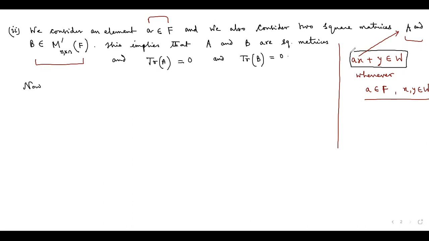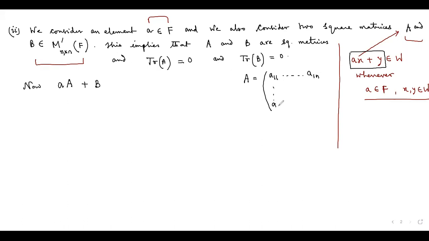Now we shall try to form this element. Now, a x plus y. My x is capital A. My y is capital B. Since capital A and capital B are square matrices, we can write these matrices in the following manner.